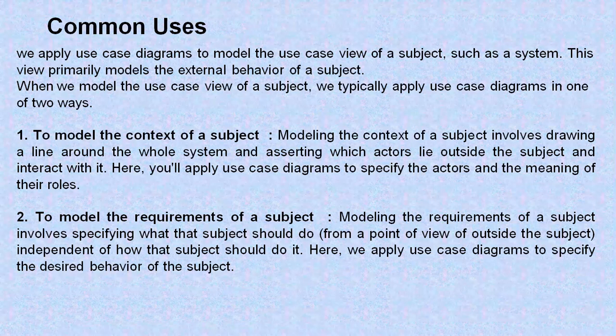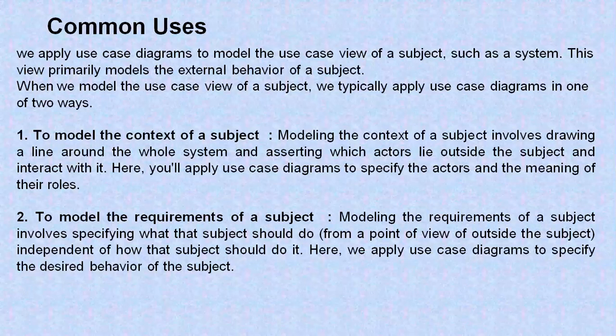One is to model the context of a subject, and the other is to model the requirements of a subject. To model the context of a subject, this involves drawing a line around the whole system and asserting which actors lie outside the subject and which interact with it.